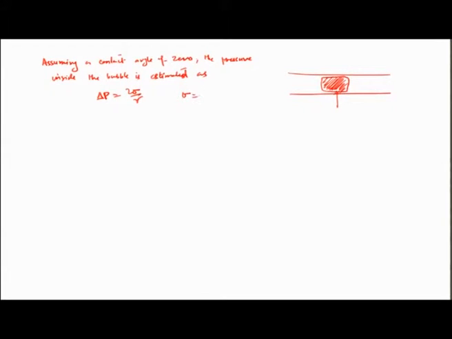The sigma is already given as 0.072 Newton per meter. This is borrowed from the question itself, and in this particular case, if we consider h to be the height of the channel, the span over which the bubble needs to come out so that there is valving of the flow, R in this case becomes h by 2.